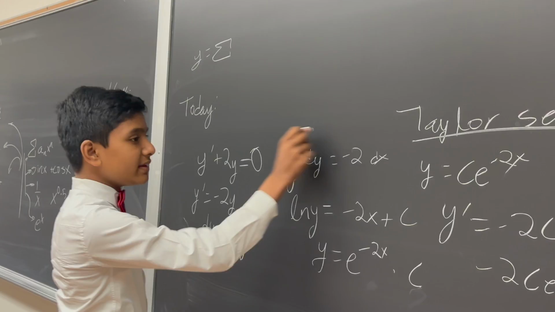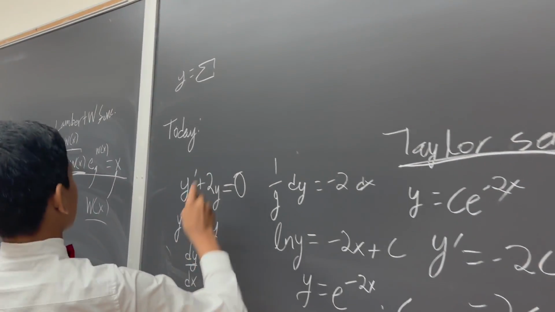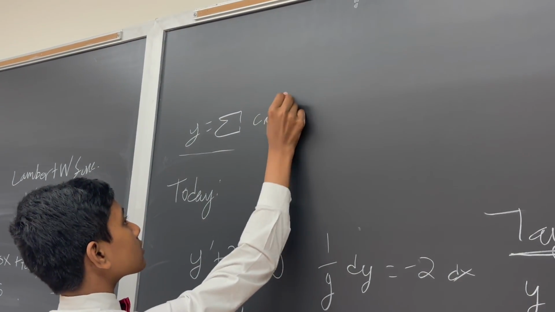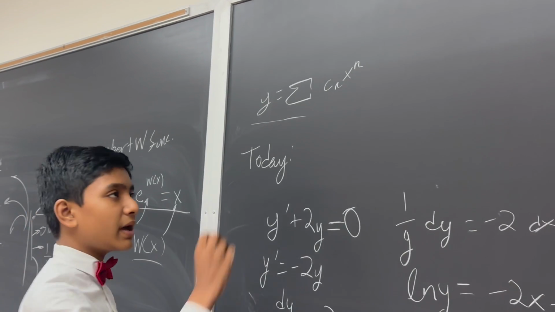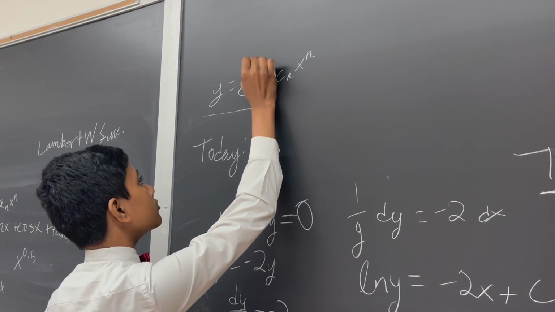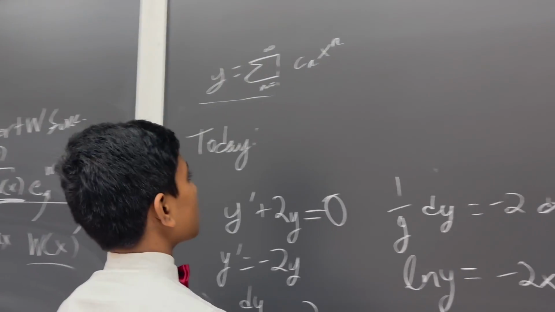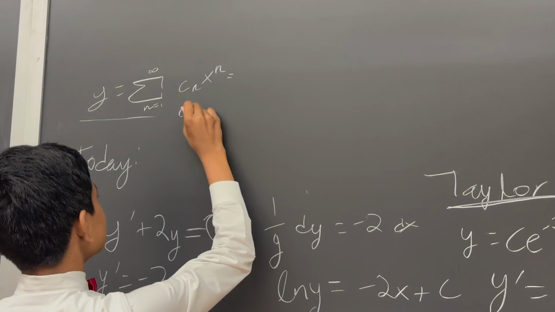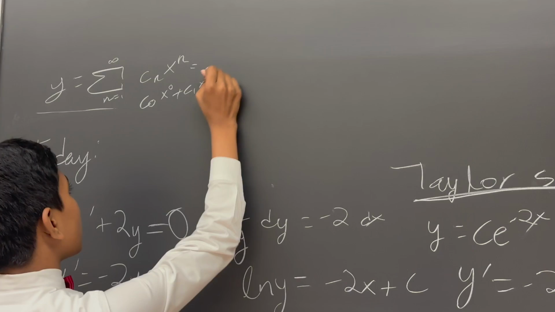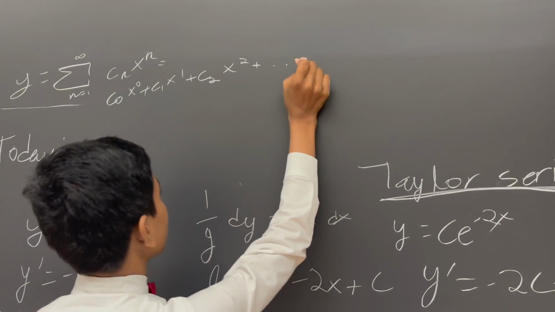So let y be equal to the infinite sum c sub n x to the n from n equals 0 to infinity. So what does this give us? C0 x to the 0 plus C1 x to the 1 plus C2 x to the 2, and so on and so forth forever.